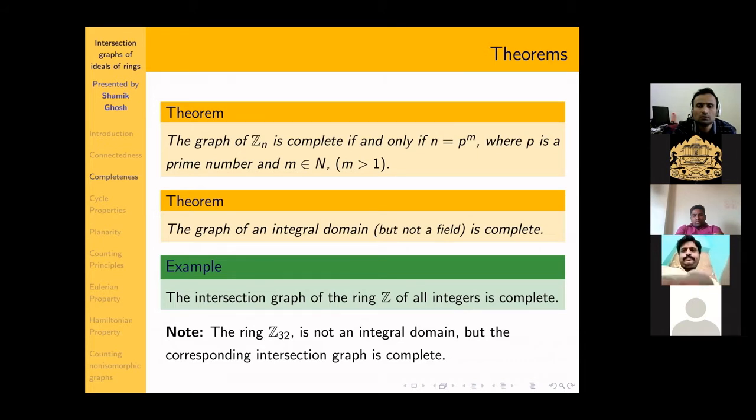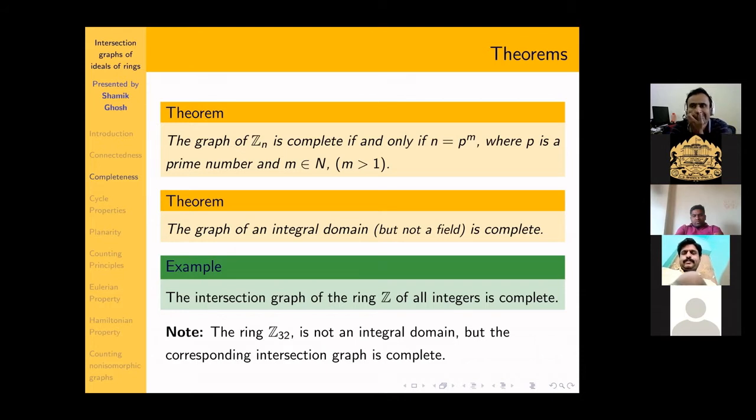What is an integral domain? An integral domain is a commutative ring with identity where the product of non-zero elements is always non-zero, right? In a field structure, you get a multiplicative inverse for every non-zero element. Like the rationals: you get the multiplicative inverse for all non-zero elements.